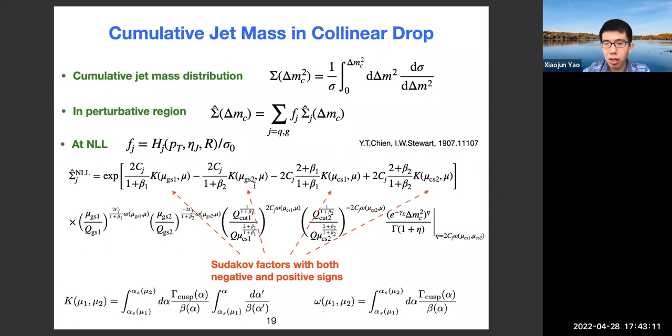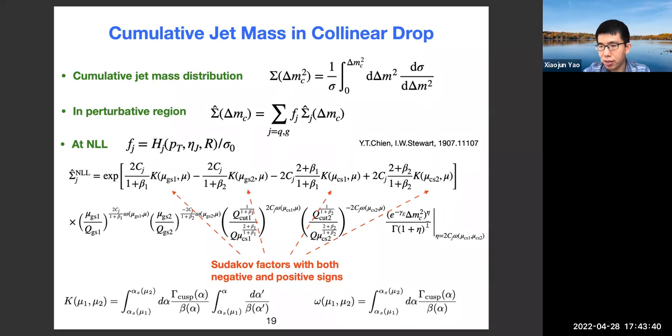And again, we have some Sudakov double logs that also appear in soft drop jet mass. But here, the Sudakov has both negative signs and positive signs. And that, which turns out, is very useful in our construction of the observables. I will discuss that more in detail. And then we have some remaining log terms in the evolution.